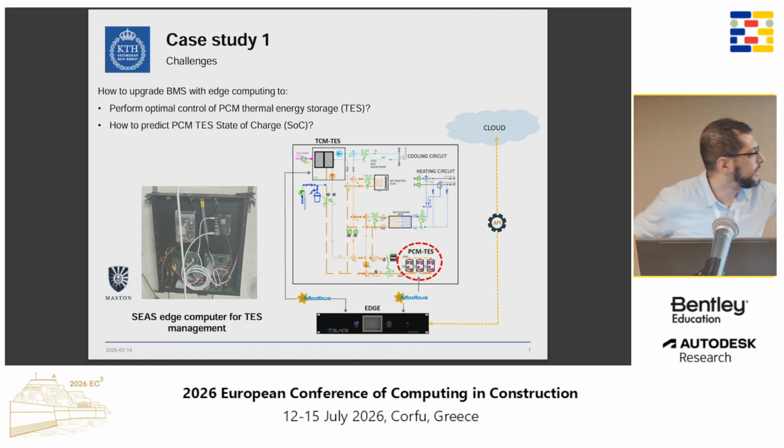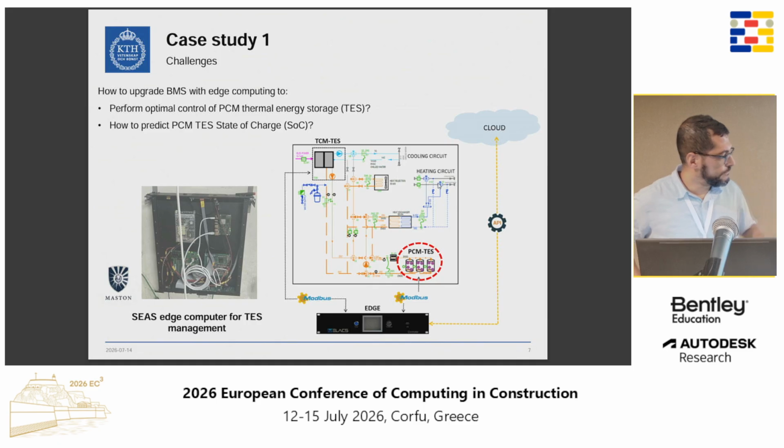Then you see that I highlighted three tank storage systems. They're called PCM tanks. It's not a sensible storage, it's a latent storage with phase change material. For those who are not familiar with this term, it's a kind of storage that is hard to monitor because it has high non-linearity when it comes to control parameters.